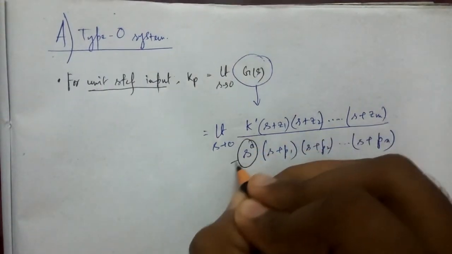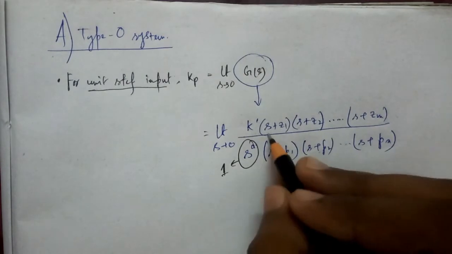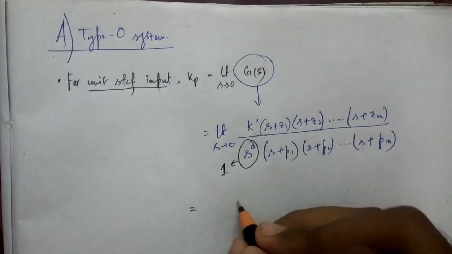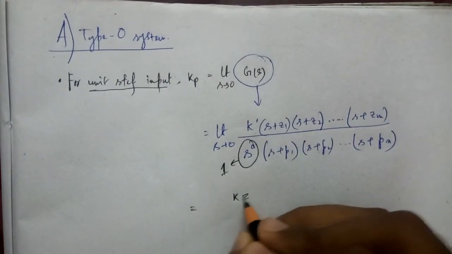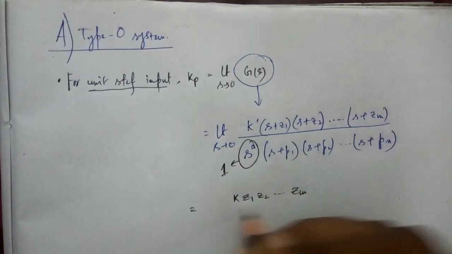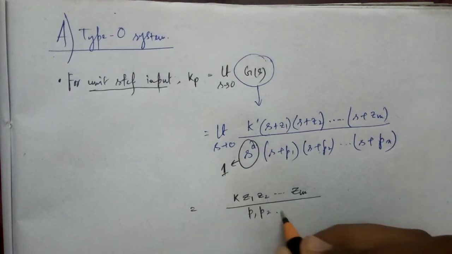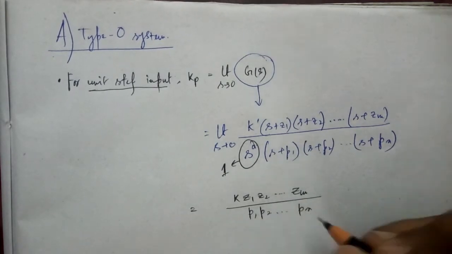So this term will become 1, this is constant, and all the s terms will be 0. So finally it will be K into z1, z2 up to zn by p1, p2 up to pn.